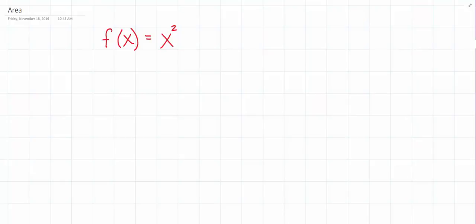On the interval from 0 to 6, I'm going to break up the x's underneath that curve into, let's say, 3 equal parts.